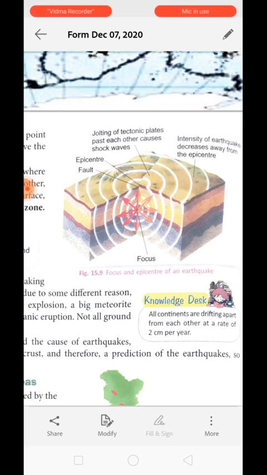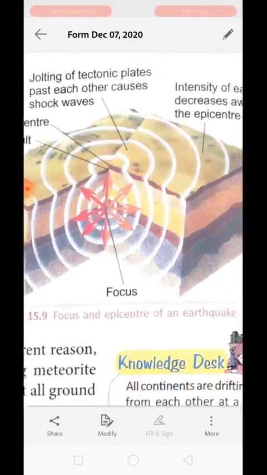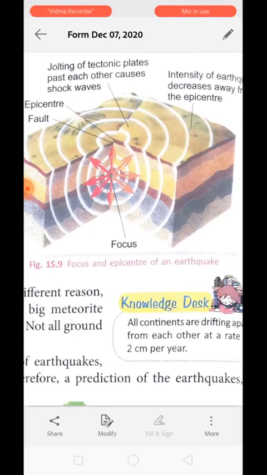So the reason can be different, but the main reason is this: sliding of tectonic plates over one another and convection current formation within the mantle due to temperature difference between the inner side of the mantle and outer side of the mantle.